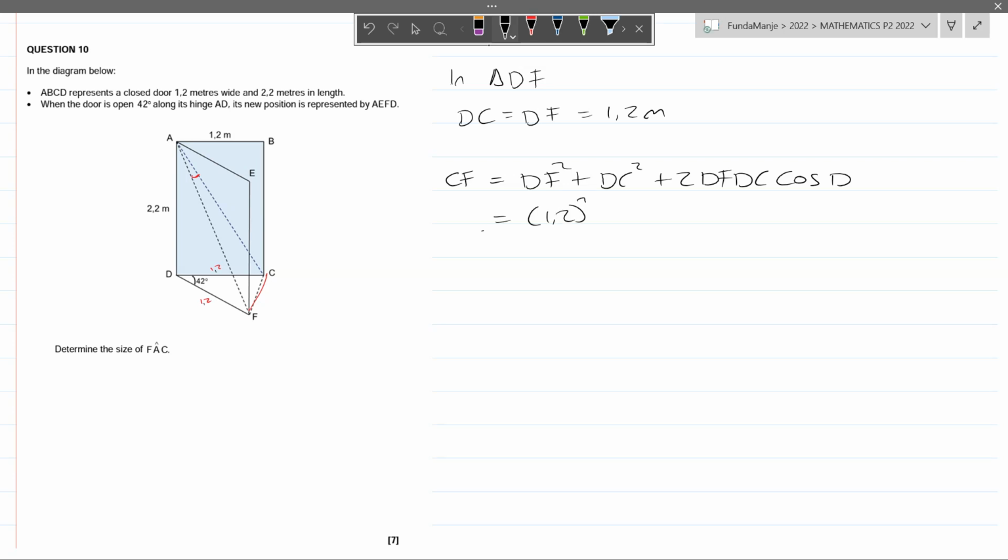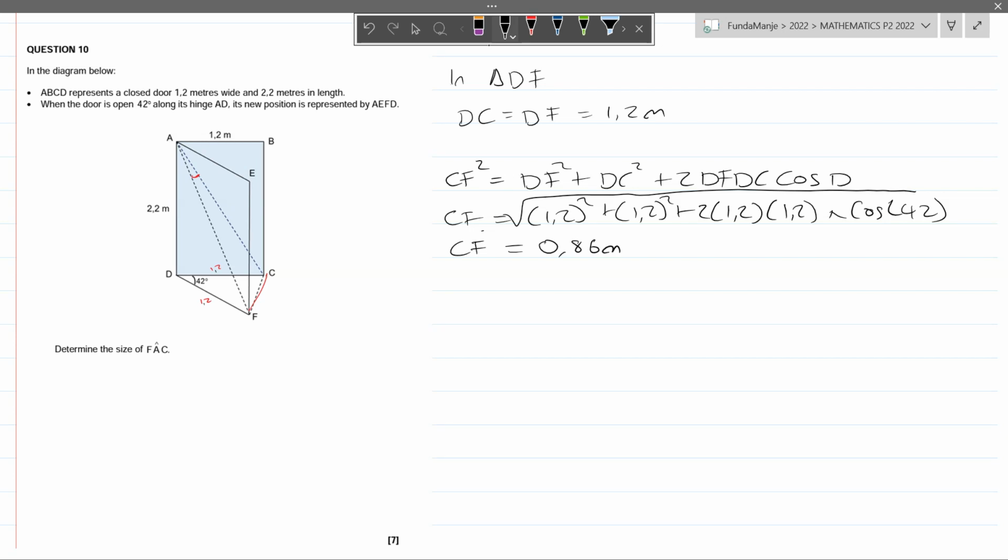DF is 1.2, so 1.2 squared plus 1.2 squared plus 2 times 1.2 times 1.2 times cos of 42. You put this all in your calculator and you will get 0.86. And remember to square root. So CF would be equal to the square root of all of this. That means CF is equal to 0.86 meters. So this is 0.86.